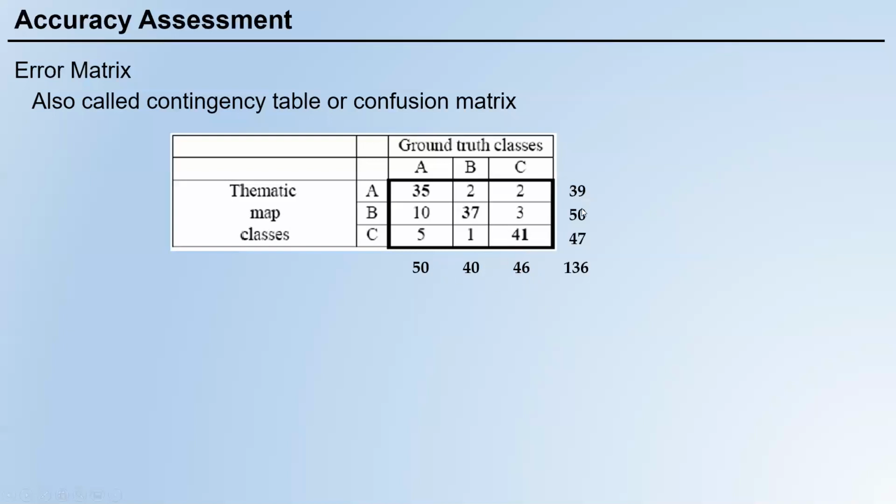If you add up 39, 50, 47, it's still 136. It means that in your classified thematic map, there are 136 pixels, that's for sure, right? Okay, so the diagonal here is important.